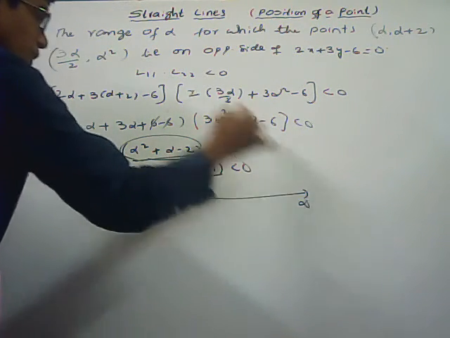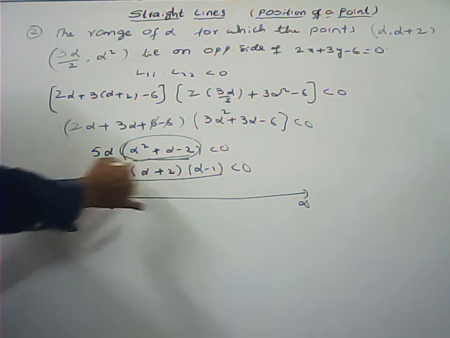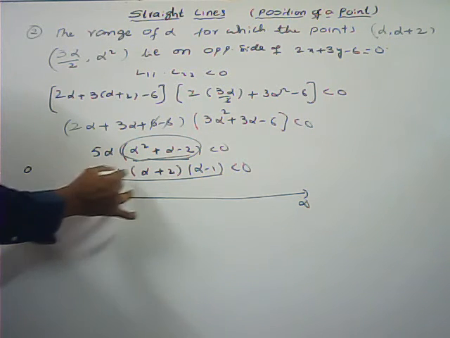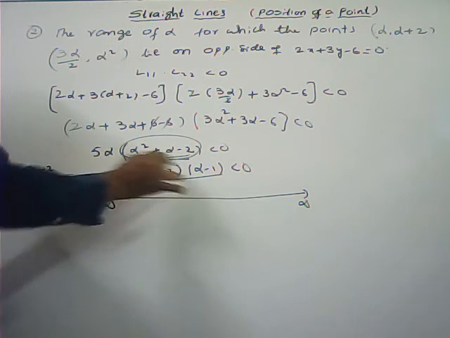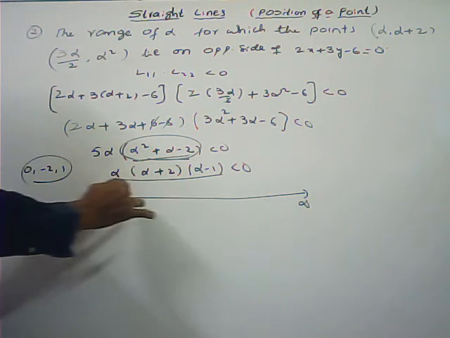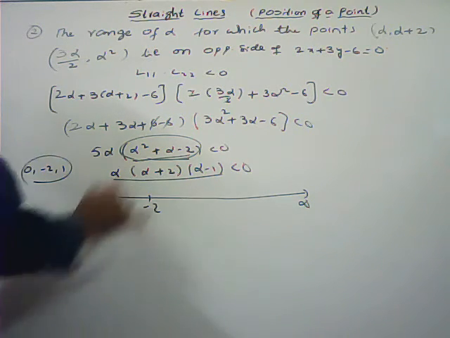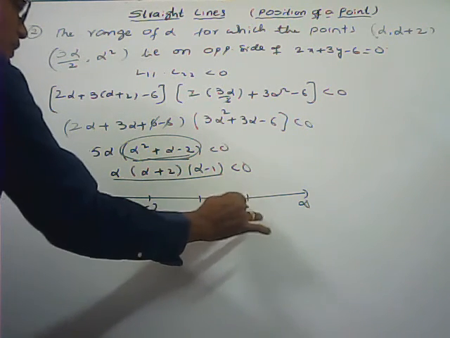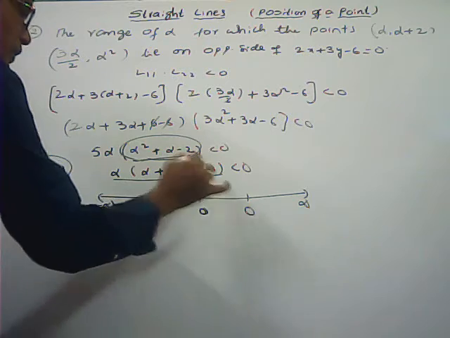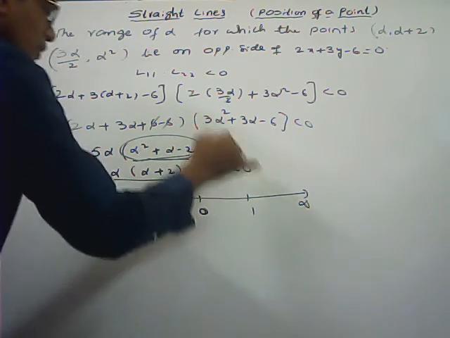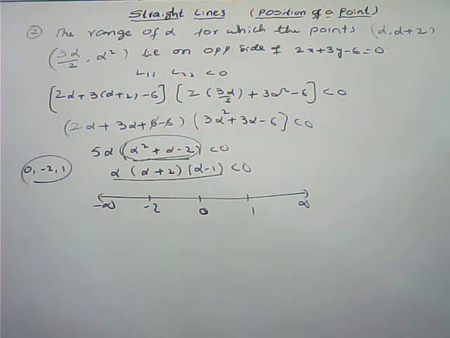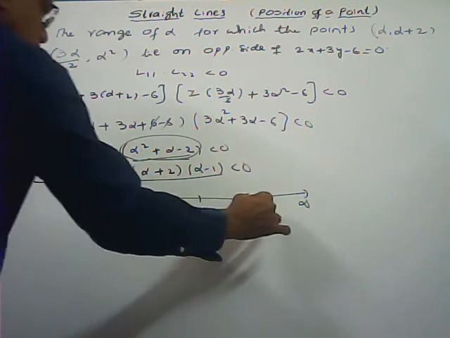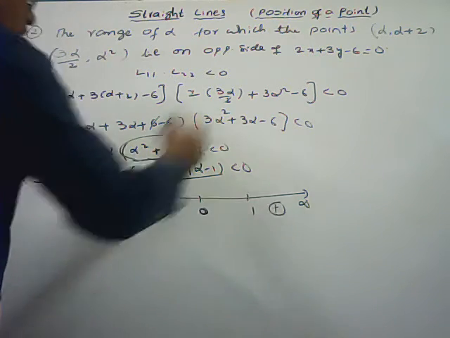Here minus infinite to plus infinite. Here zeros of alpha: alpha equals 0, alpha equals minus 2, alpha equals 1. Arrange on the number line in order: minus 2, 1, 0, sorry, minus 2, 0, 1. Now, right side, first subinterval.